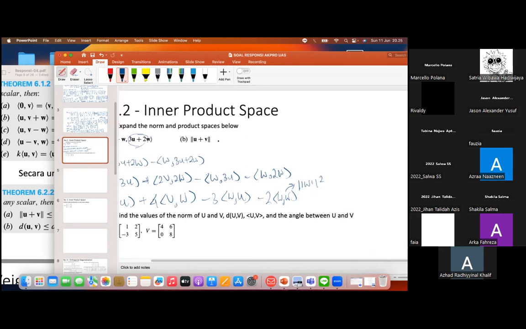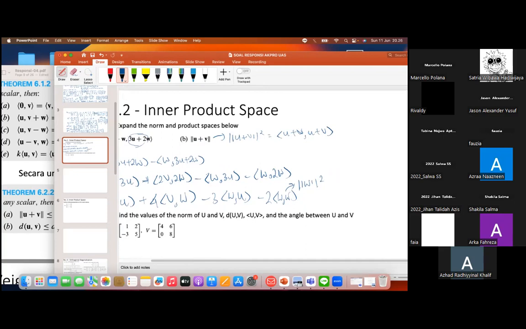And for part b, if you get a distance like this, the easiest thing to do is to solve it as a square. What do I mean by that? You get this and then you square it first, and you're going to get u plus v, comma u plus v.